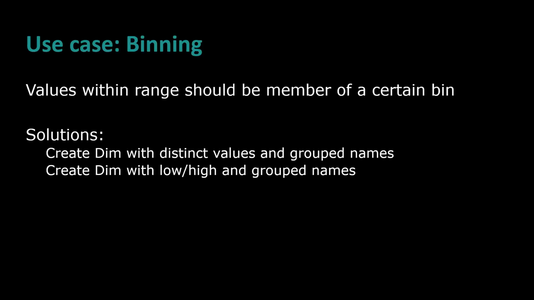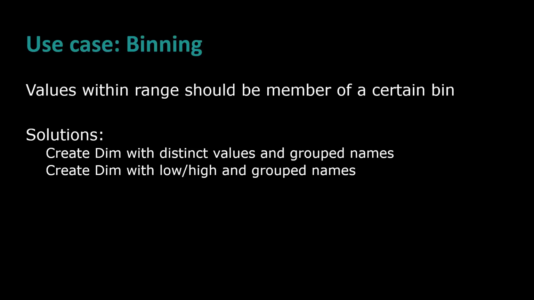So there are many numbers in between, or even with floating point numbers, there's an infinite number in between. Then it's hard to build a table with all the distinct values, because either this table will be huge, or we cannot even create a table like this, because there's always something in between.